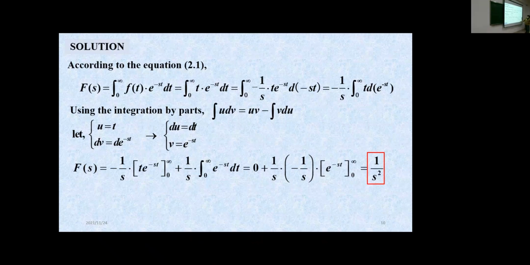This is 0 plus 1 divided by s times minus 1 divided by s and e to the power of -st from 0 to infinity. Then we can get 1 divided by s squared. So this is the result of the Laplace transform of a unit ramp.